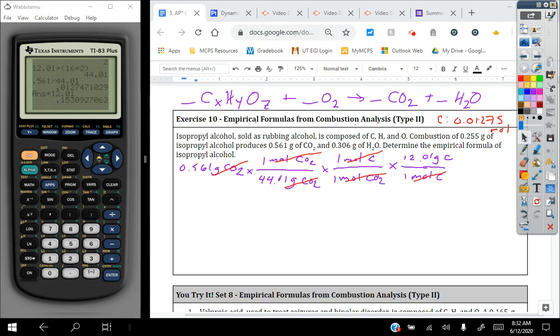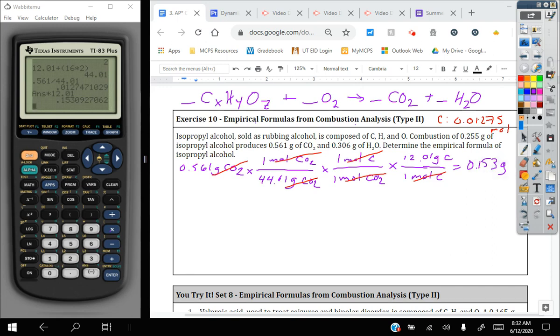And what I have done here is, in my original sample of the 0.255 grams of isopropyl alcohol, I have determined that of that original sample, 0.153 grams of it is carbon. Okay. Now, I know this is true because of the law of conservation of mass.